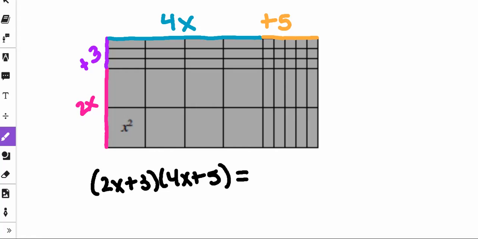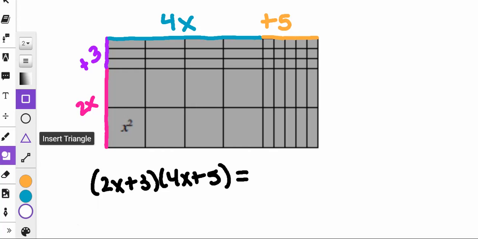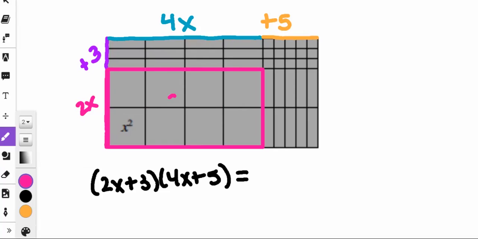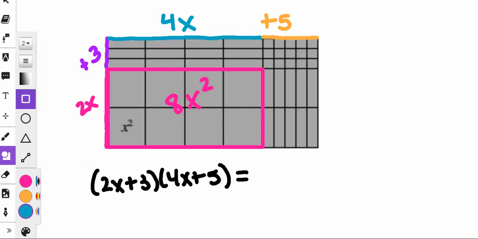The other way is to find the area of each of these pieces. So when I'm looking at this section here, this whole section are all x squareds. And in this section, I have 8 x squareds. And in this section right here, each of these are x's, and same with over here.